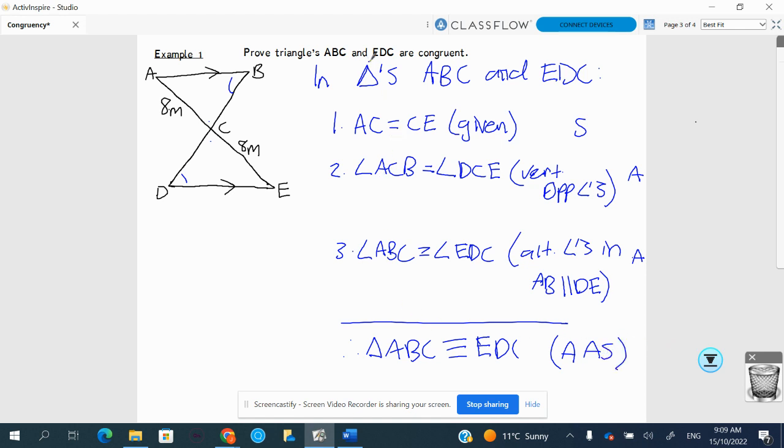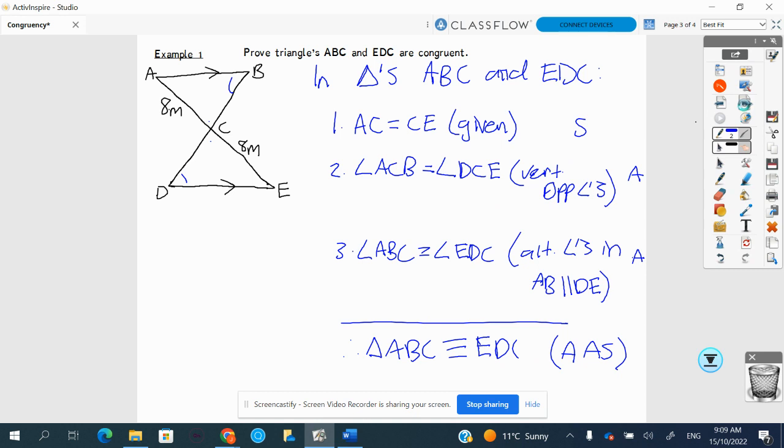So I want you to try and structure your proof like this. You need at least 3 statements. You need in brackets a reason for each statement, whether it's as simple as it was given or whether it's something else. And then a concluding statement at the end indicating which of the 4 congruency proofs you used.